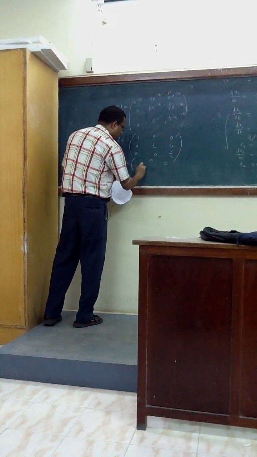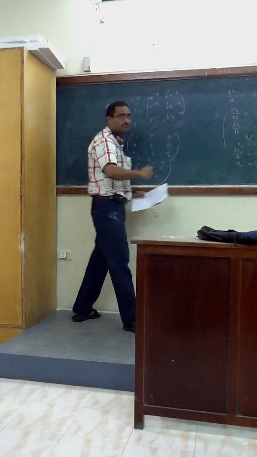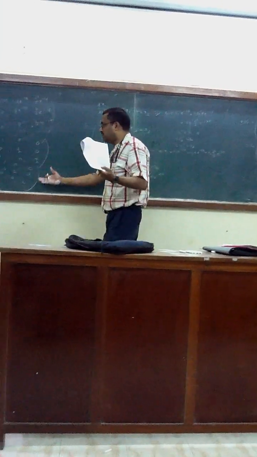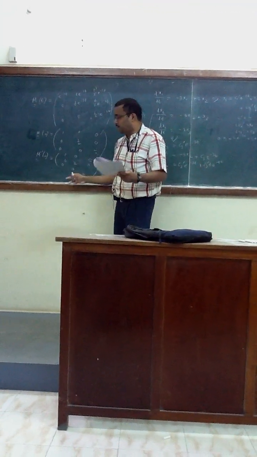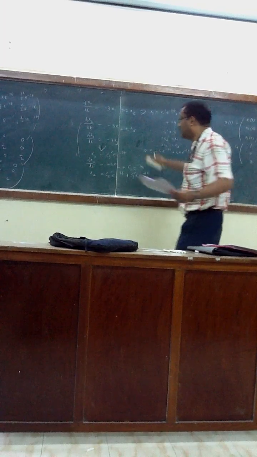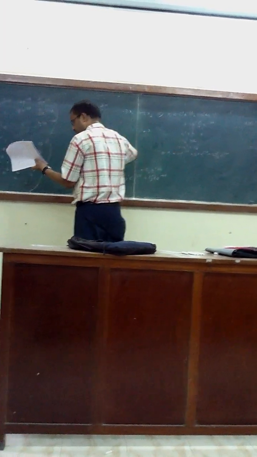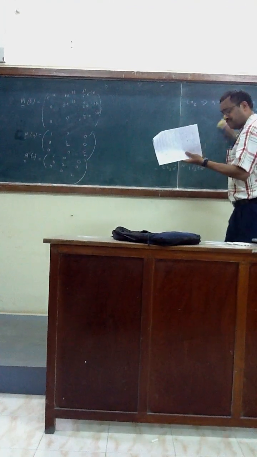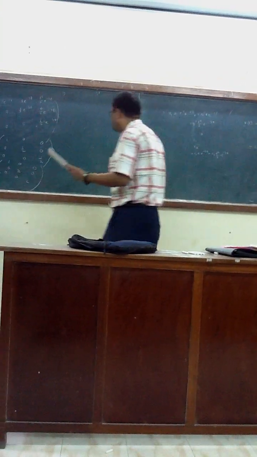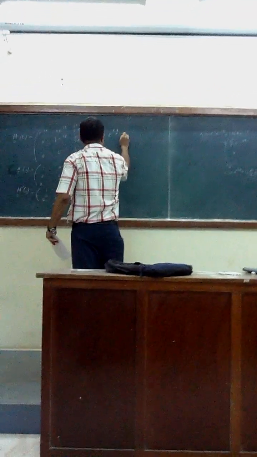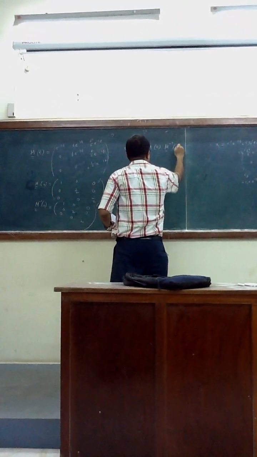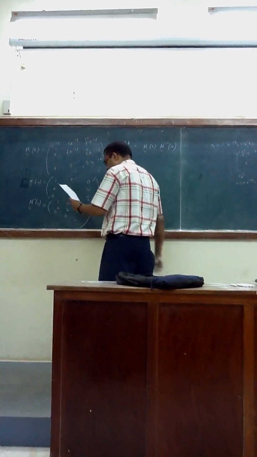Now we have to multiply M(t) and M inverse 0. And what do you get? e to the power At, which is M(t) M inverse 0, then e to the power minus 3t, 2t e to the power minus 3t, t square e to the power minus 3t.